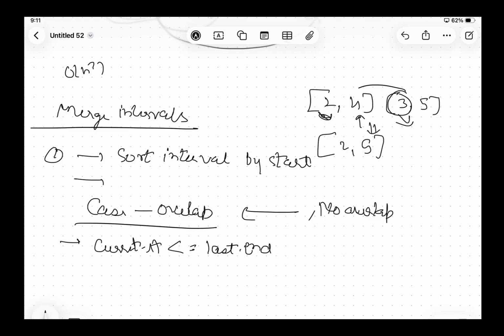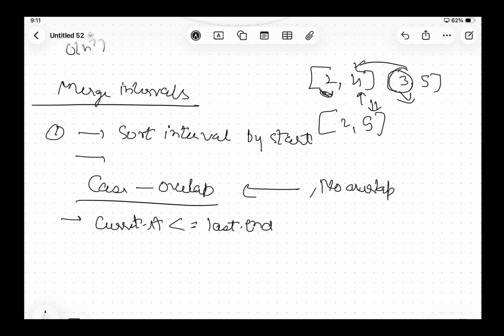Understood? So this is how I am reducing: I'm just comparing with the previous one, because this is sorted by start time. In case of no overlap, simply add the interval to the result. The result has one interval now, but it will have 2, 4 also.